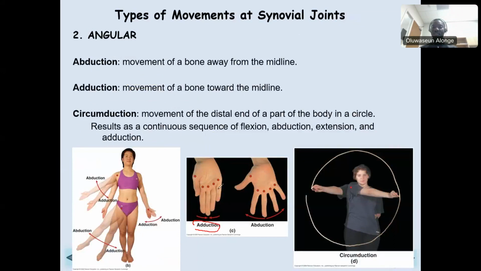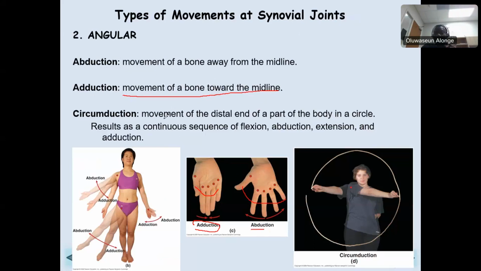Adduction means they've all been added together. Now, when you separate them, you have abduction, and think about it: the word abduct means to take away. So adduction means that you are moving the object towards the midline, adding everything together. Abduction means that you are taking it away from the midline, separating it.